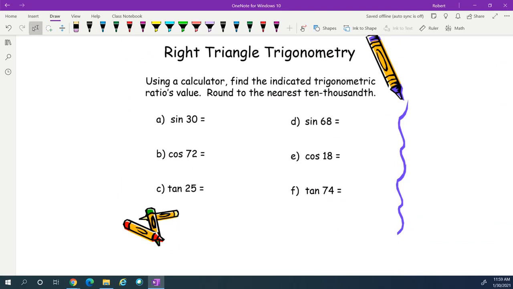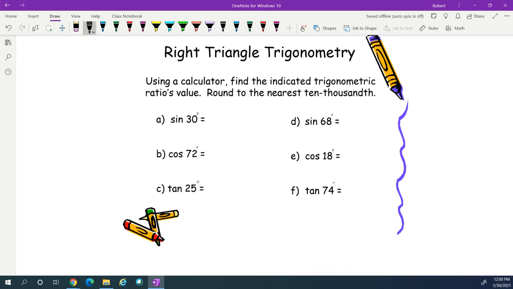And again, this is getting used to your calculator, but we want to enter the trigonometric ratio and get its value. So the sine of 30, and again, everything here is in degrees, even though it's not showing the degree symbol. Everything here is in degrees.